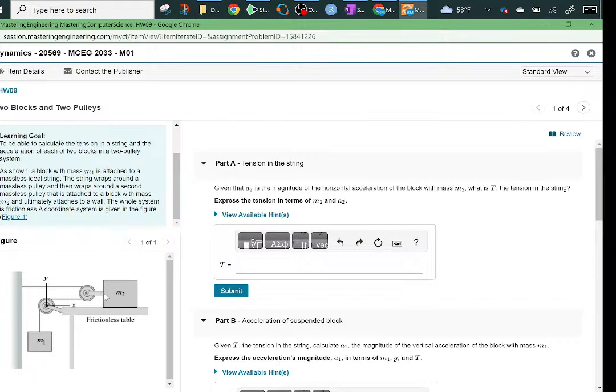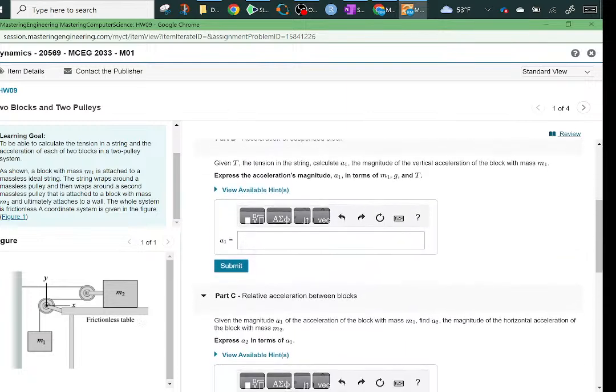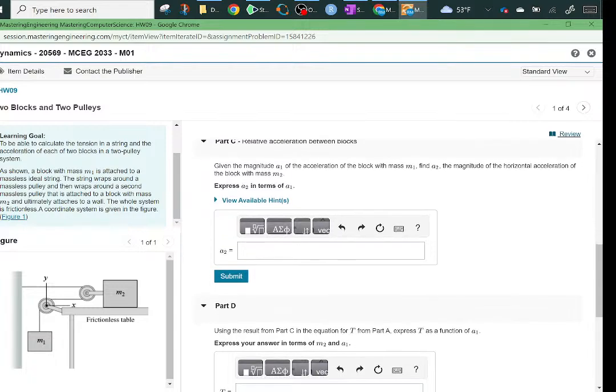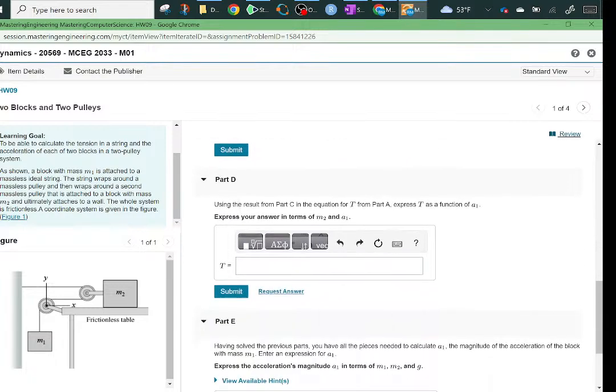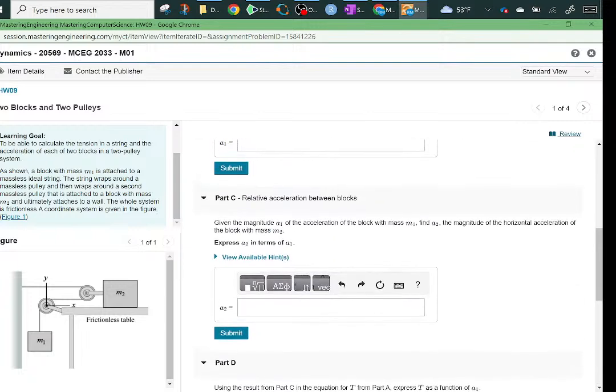Let me just give you an idea. He has it with a frictionless table, but I'm going to go ahead and add friction to it, and then just sort of work it that way. Take it part A, B, C, D, and E.